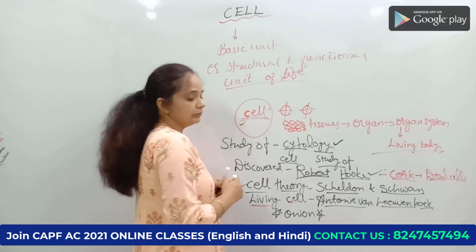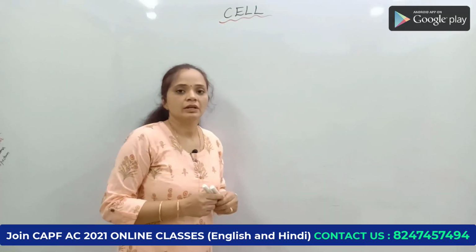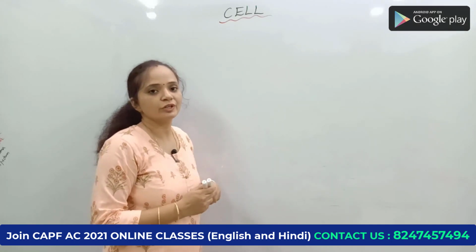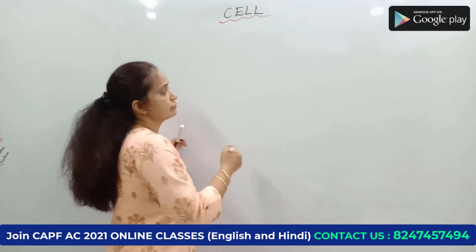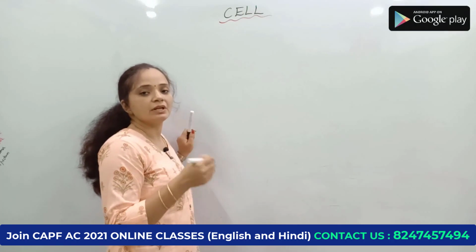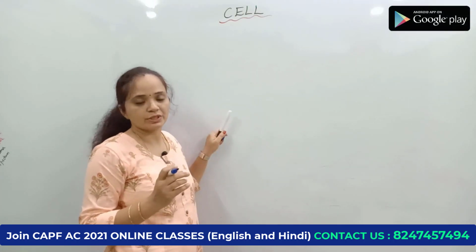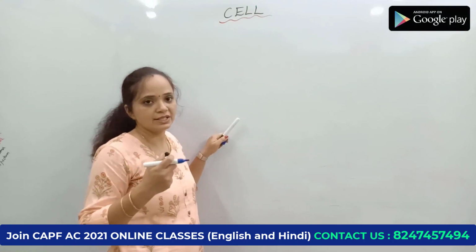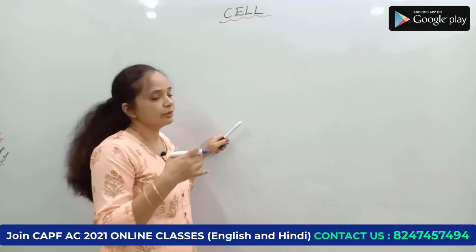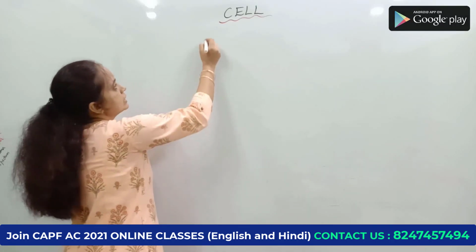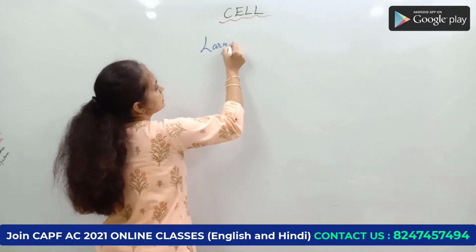Now a few more important points about the cell. You have to remember which is the largest cell in the universe. These are questions generally asked in exams, which are very important, so I am going to discuss them now. The largest cell in the universe.